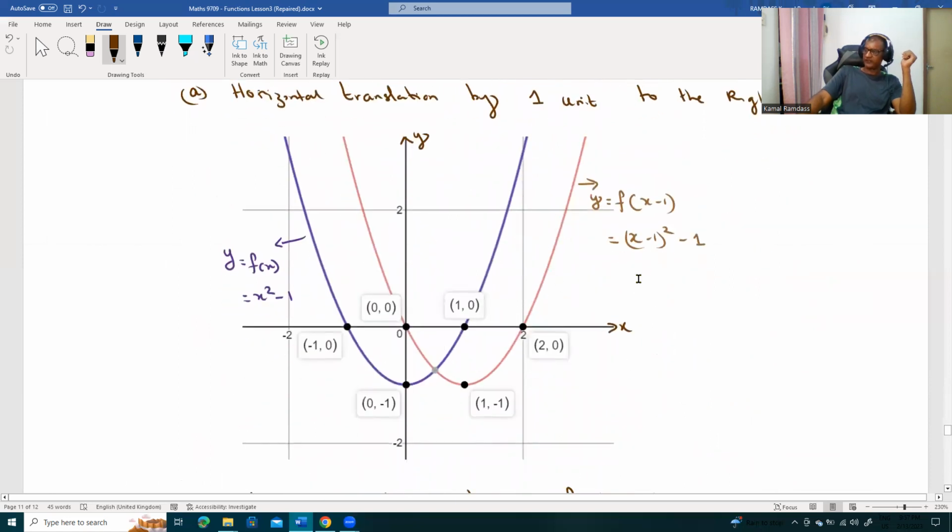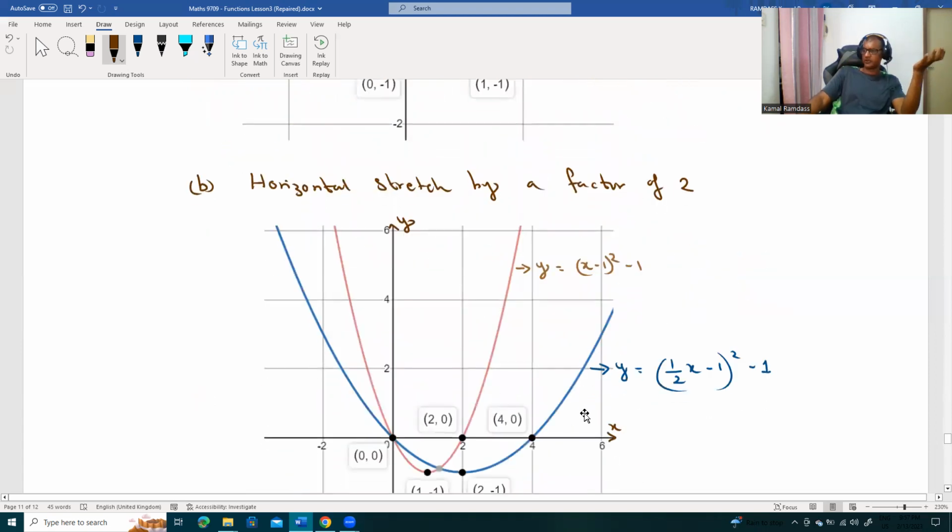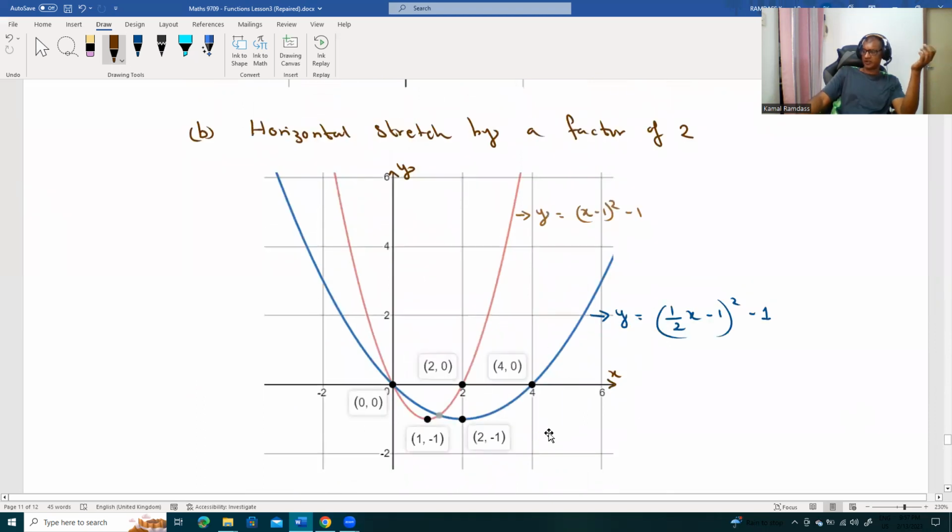From f(x) to this, we do the translation first, then the stretch, and then we get this. Do not forget that all points stretch, except a point on the y-axis, that is at x equal to 0.